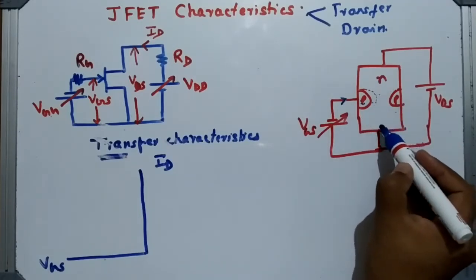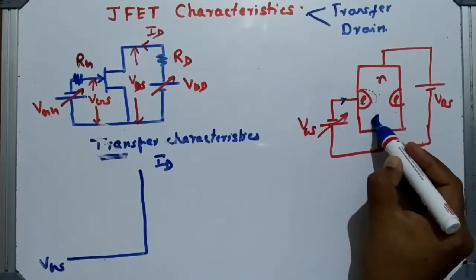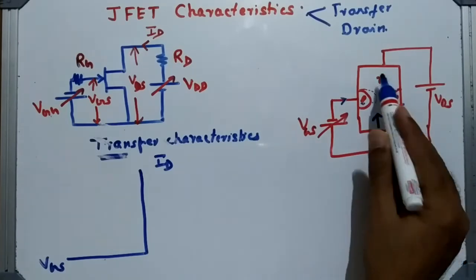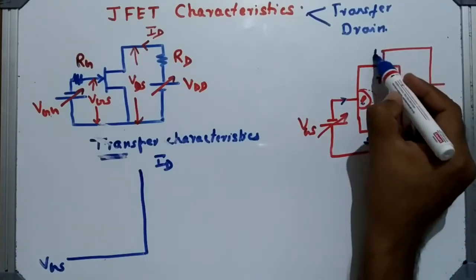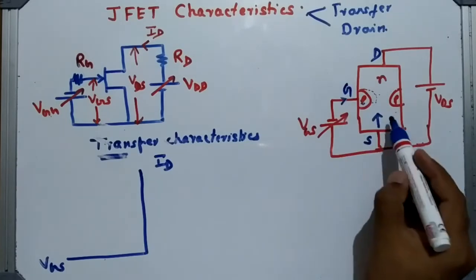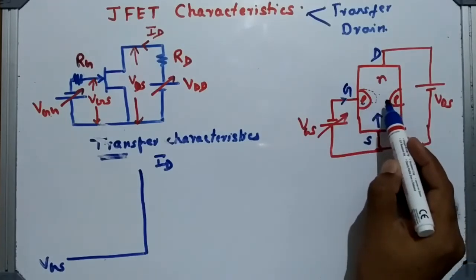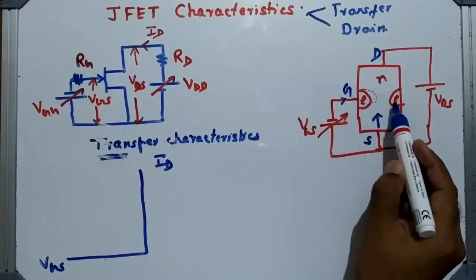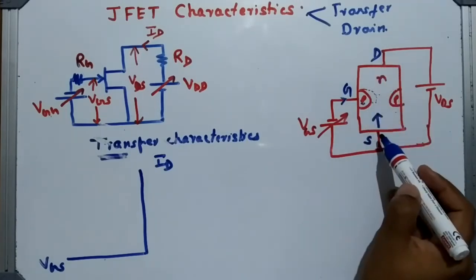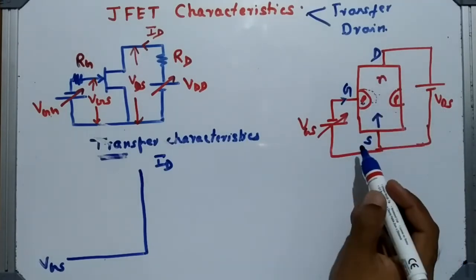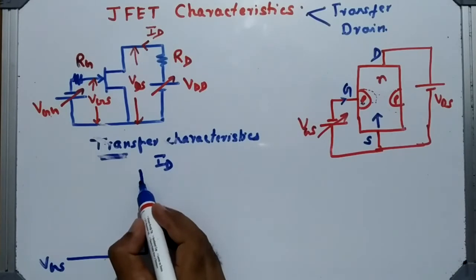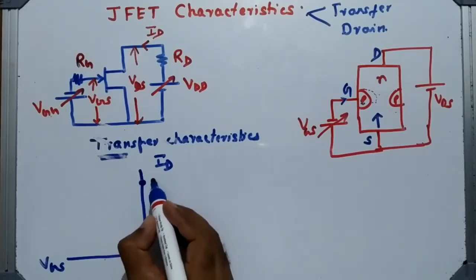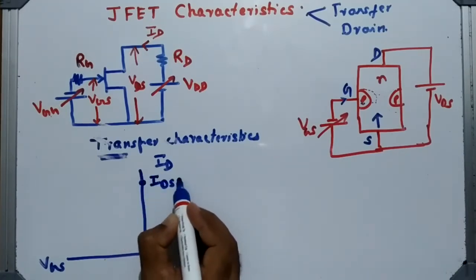So maximum current will flow, or the maximum electrons will flow from the source to the drain. This is the source and this is the drain and this is the gate. Because the electrons find more area, more space for the transfer from the source to the drain. So the current also will be maximum. That is called IDSS.